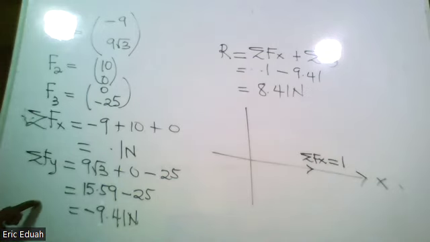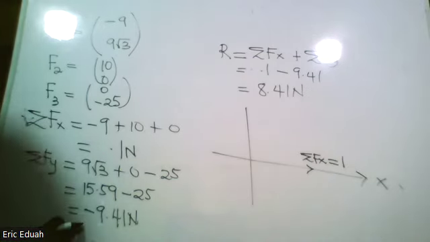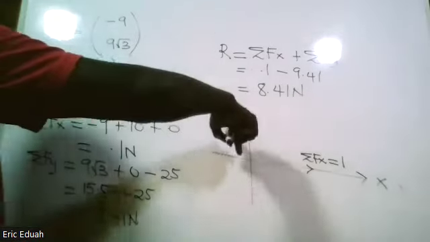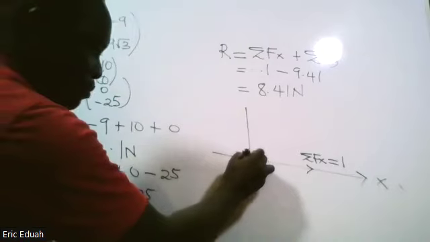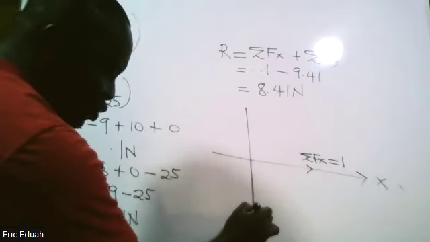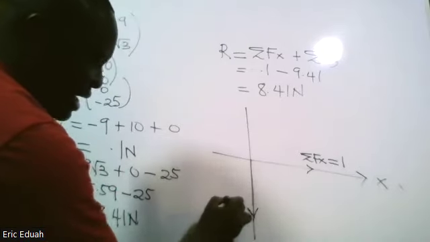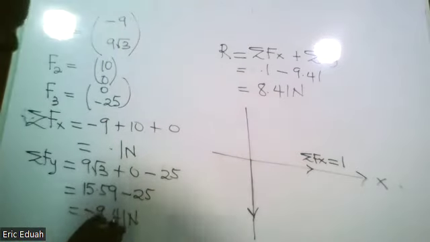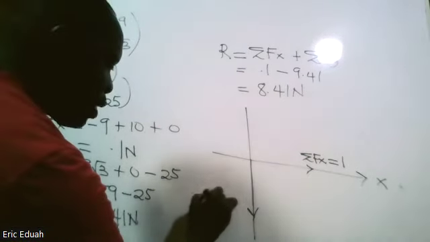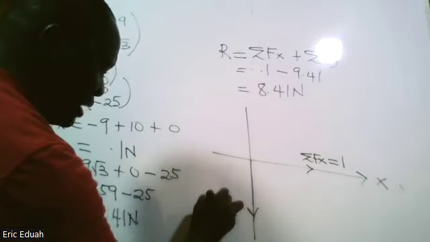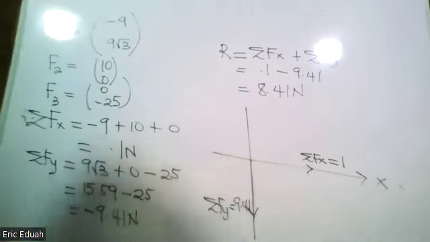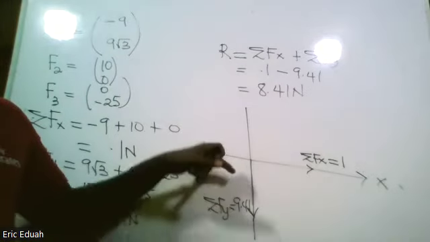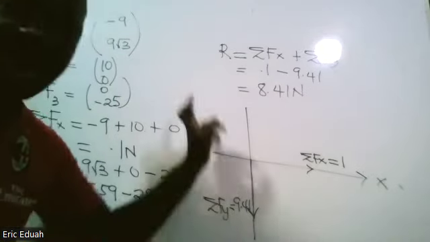Summation Fy is a negative value, and so it must be directed along the negative Y. Now here too, I saw some of you indicating minus 9.4, which is also not correct. Why did you bring it down here and not up?